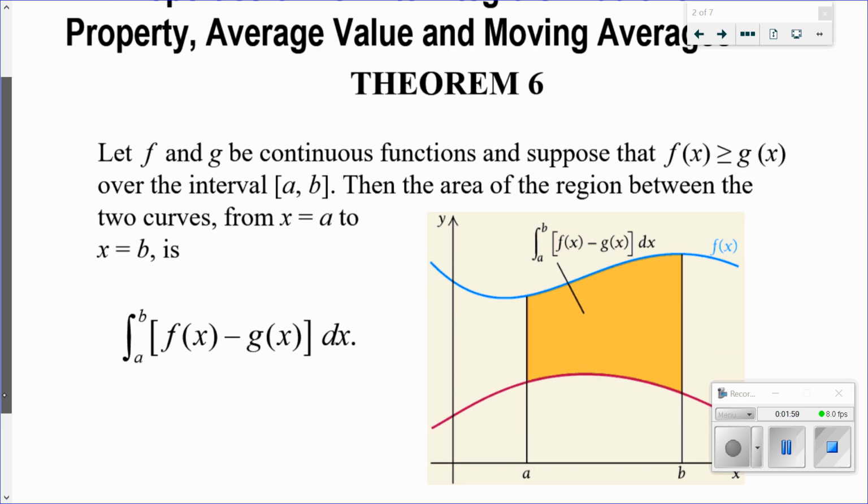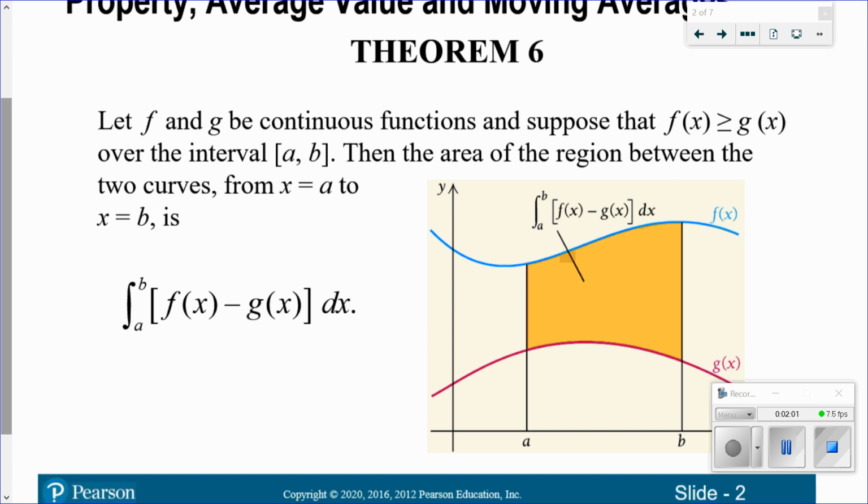Okay, but the meat of this chapter is going to be the area between two curves. Here we have this area that's in kind of a goldenrod mustard color. That is the area between the curve f of x and the curve g of x, and we want to find this area.